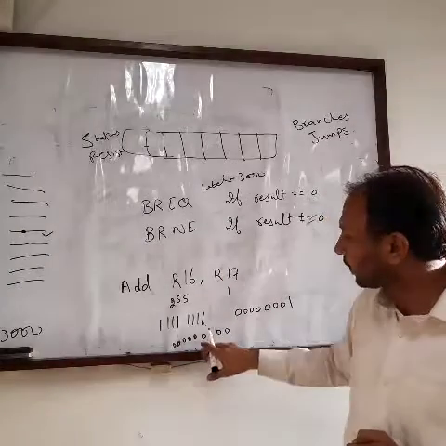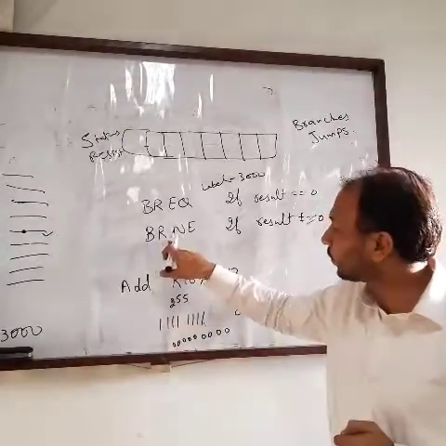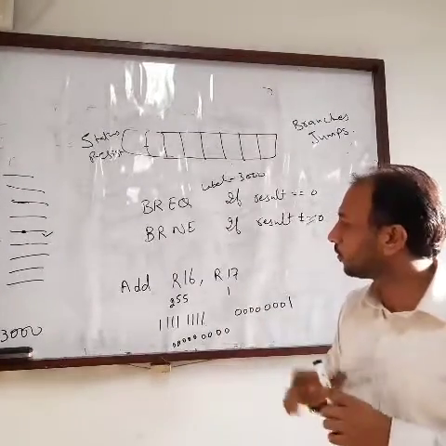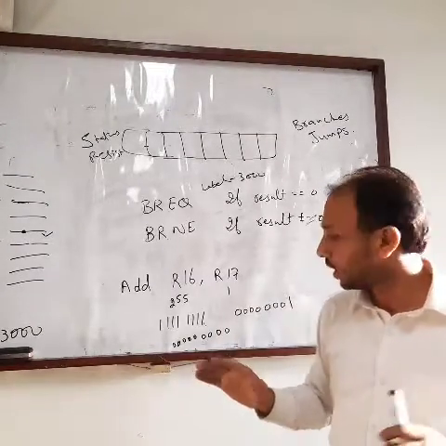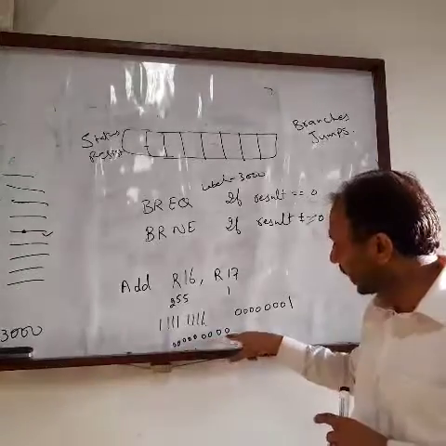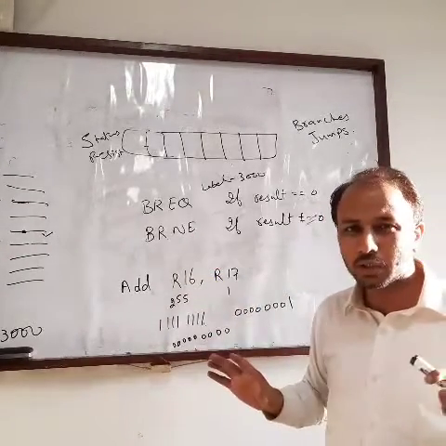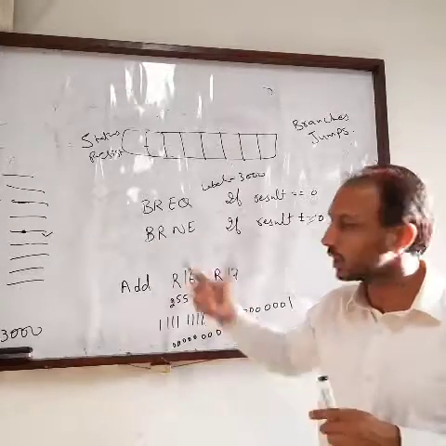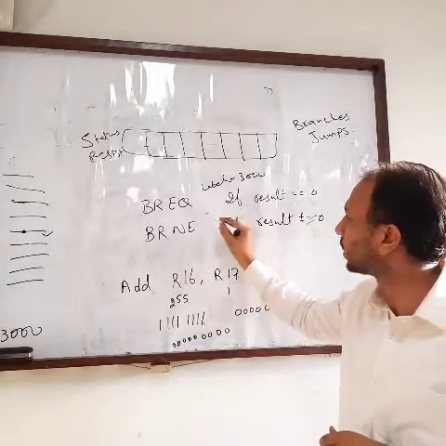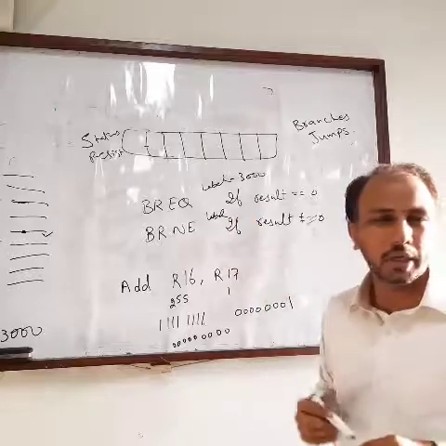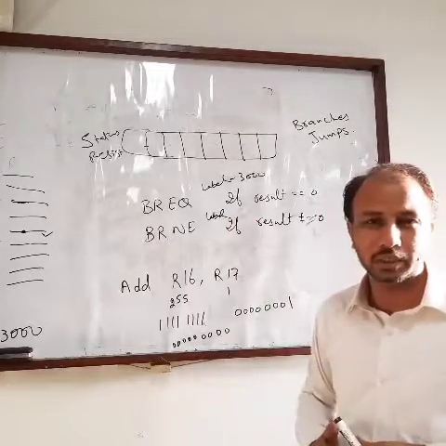Similarly, if we want to take a jump when the result is not 0, here the Z flag is high, so branch not equal, which means the result is not equal to 0, will not take the jump. If you write branch not equal label here, it will not take the jump in this particular condition. Why?